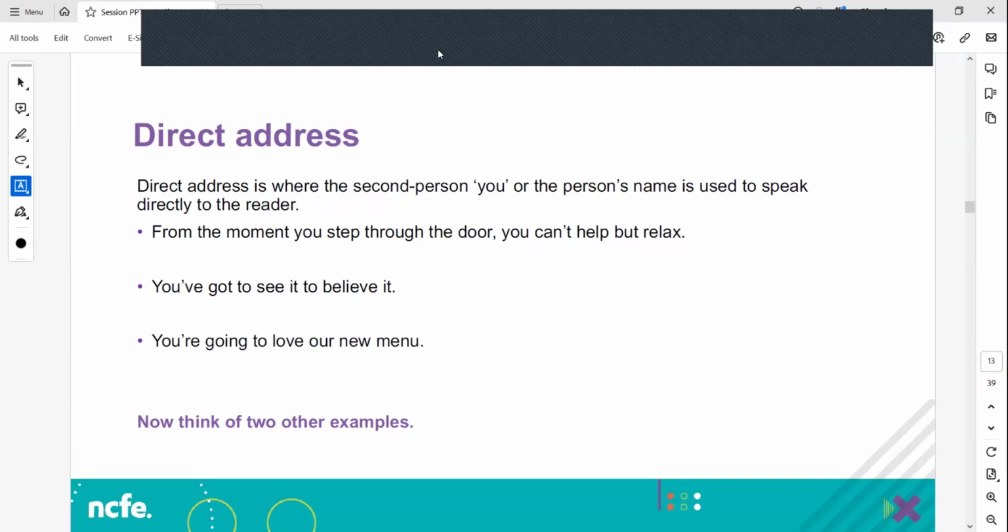So rather than saying my, you would use you. So in the example you've given, it would change to, you will find my house breathtaking. So you're directly addressing it to another person.